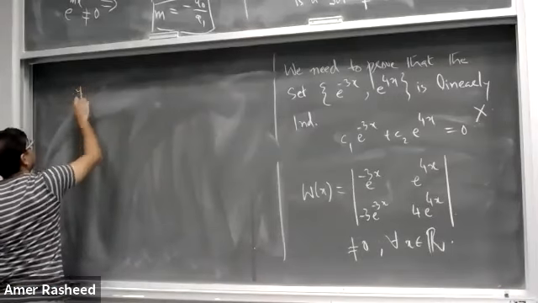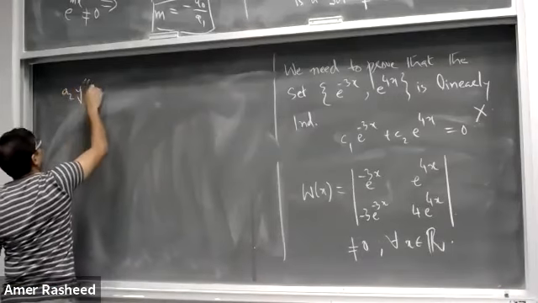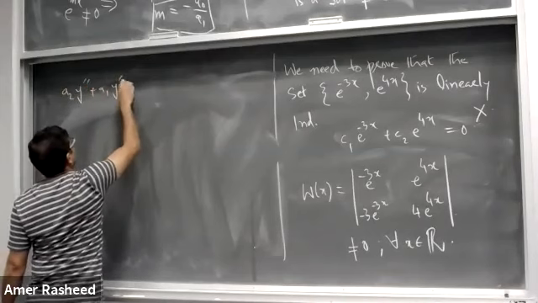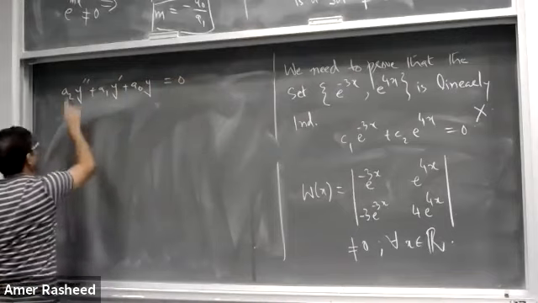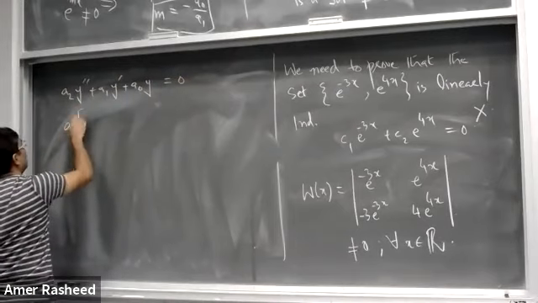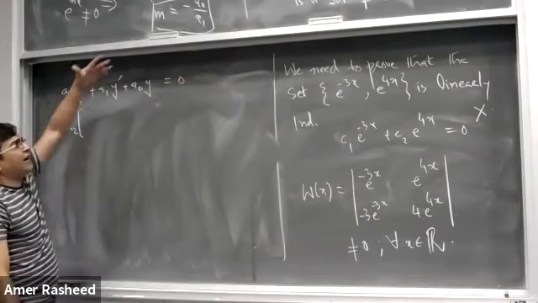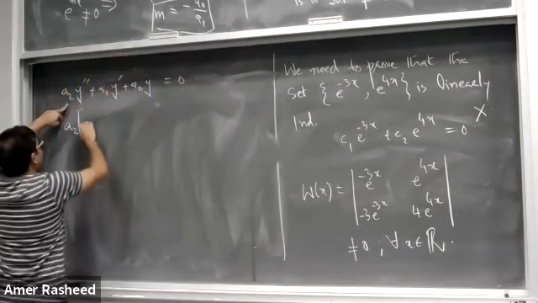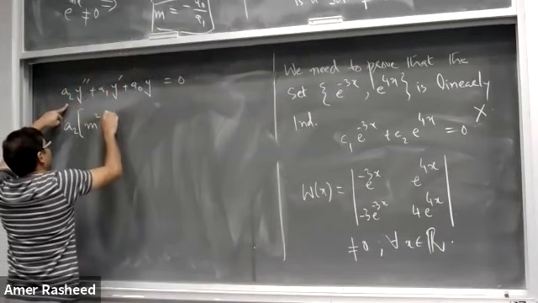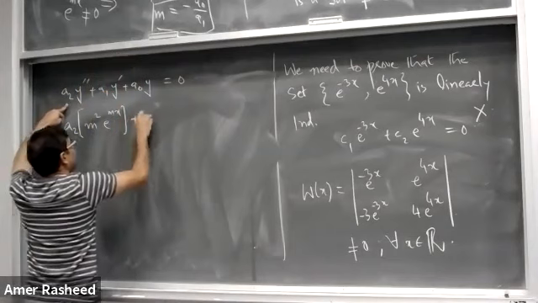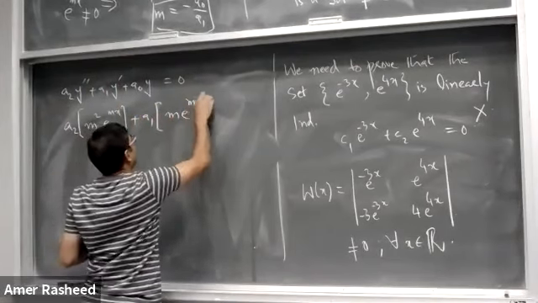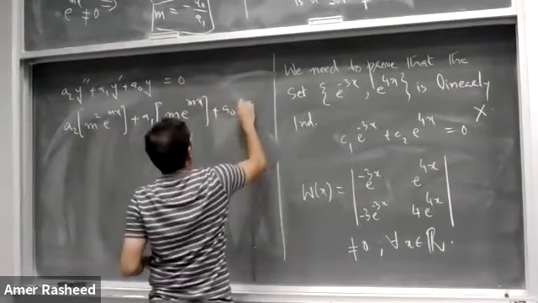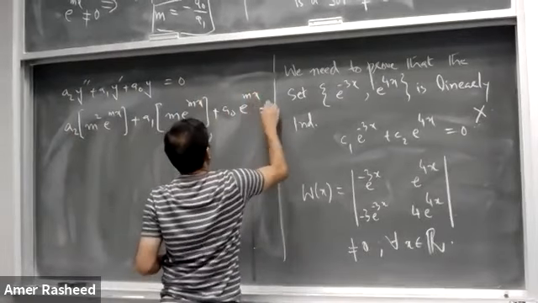So the equation is a2 y double dash plus a1 y dash plus a naught y equal to 0. If we put it here, a2 times the second derivative of e raised power mx, which is m square e raised power mx, plus a1 times the first derivative, m e raised power mx, plus a naught times e raised power mx equal to 0.